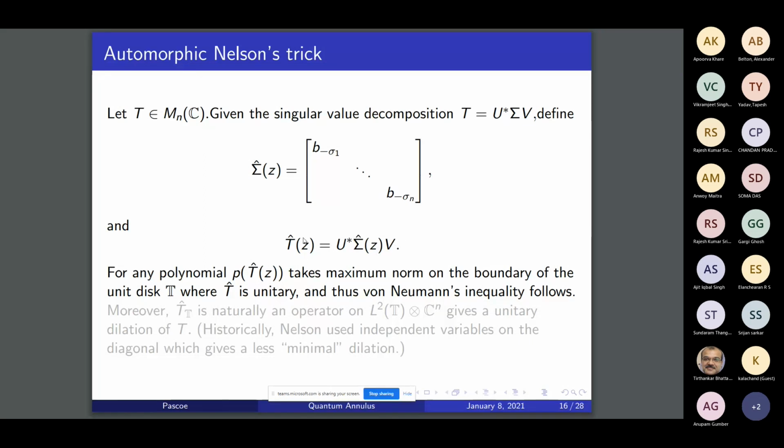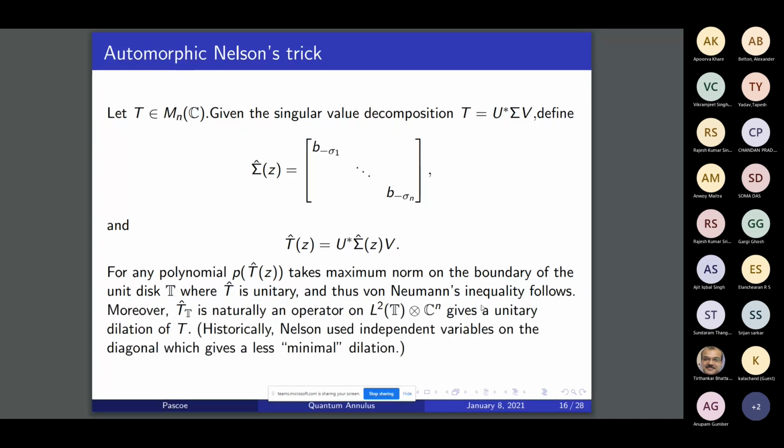And so thus we know that the sup of the norm of this quantity happens at a unitary in finite dimensions, actually. And therefore we can diagonalize it and get von Neumann's inequality.